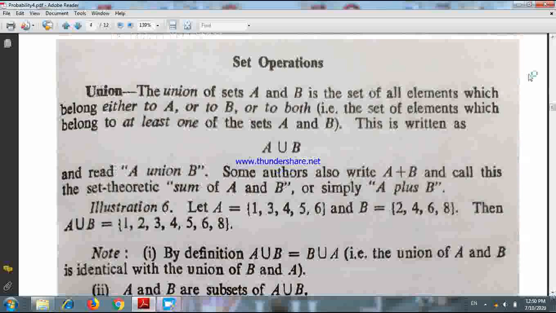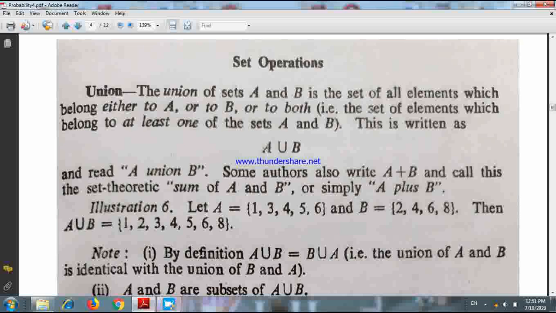Now before I start the set theoretic approach, let us have some idea about the operations of set. It's known to you. A union B means this is the union of two sets, and A union B denotes the set of the elements that belong either to A or to B or to both.